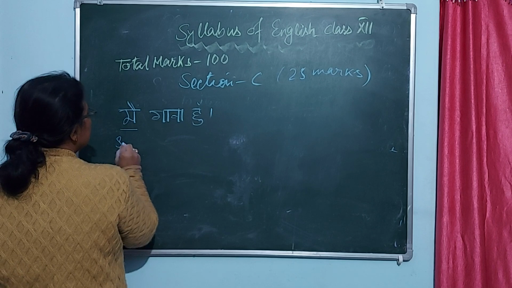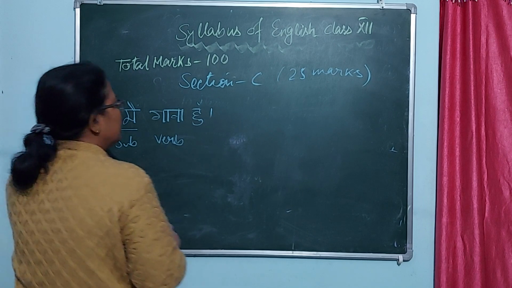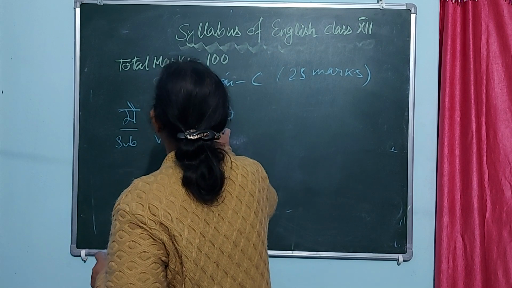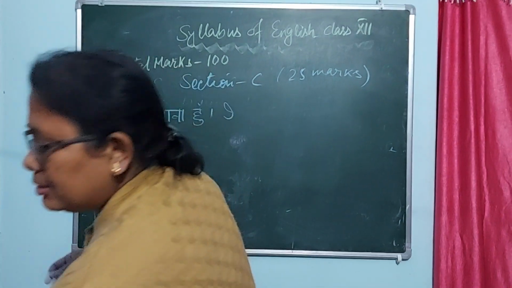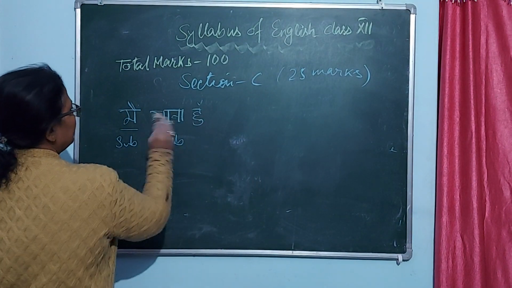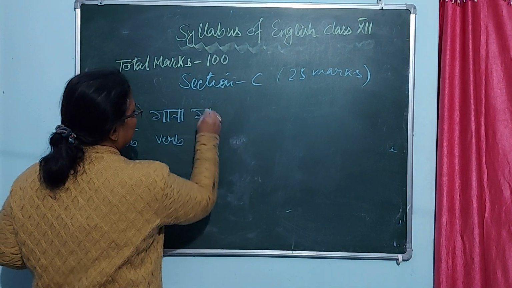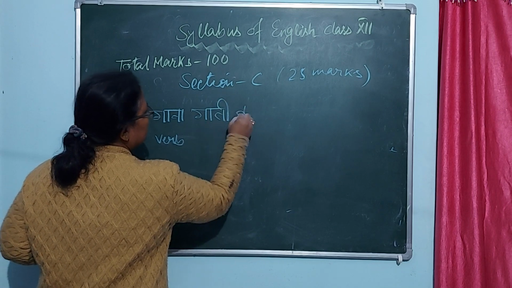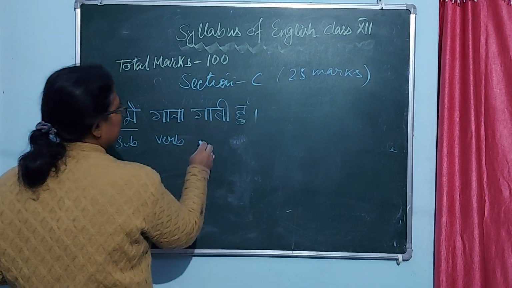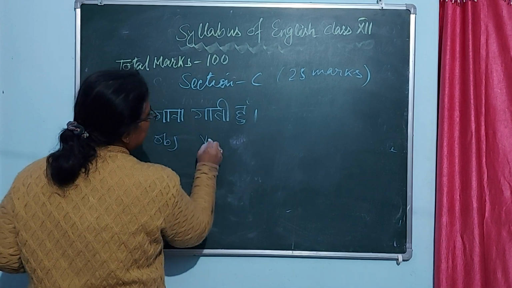So मैं is subject, गाना is object. So मैं गाना गाती हूँ. Sorry, I did not write गाना here, it was looking a little too Hindi. Okay fine. So मैं गाती हूँ गाना. That is, गाना is the object and गाती हूँ is the verb.